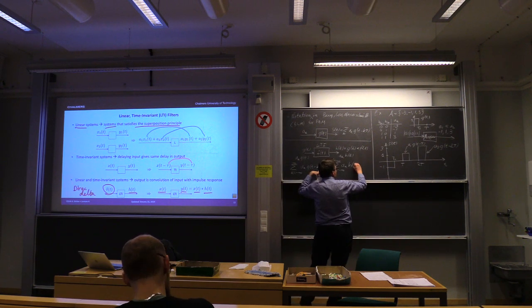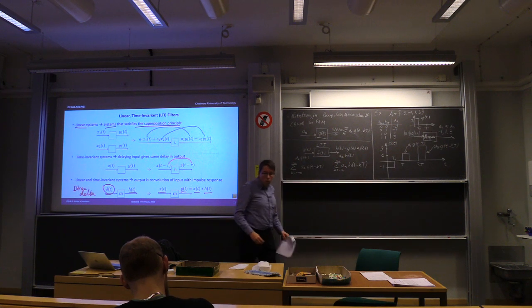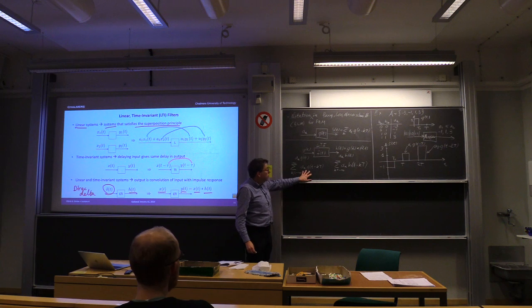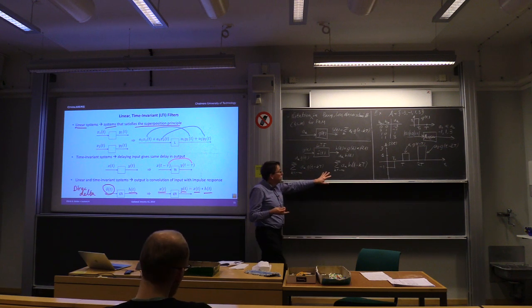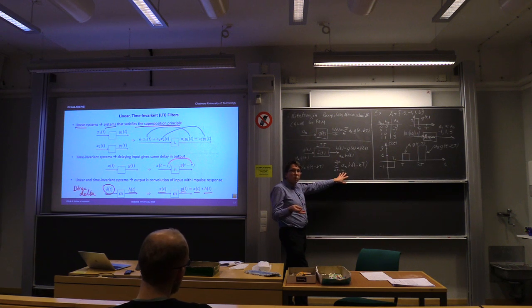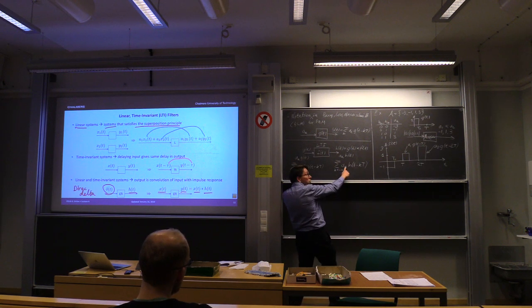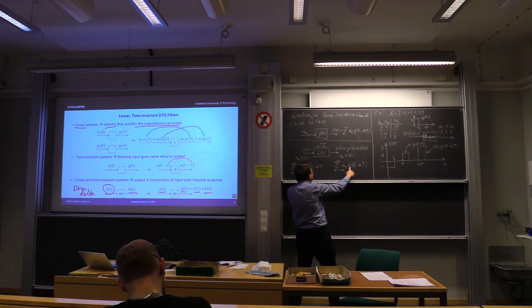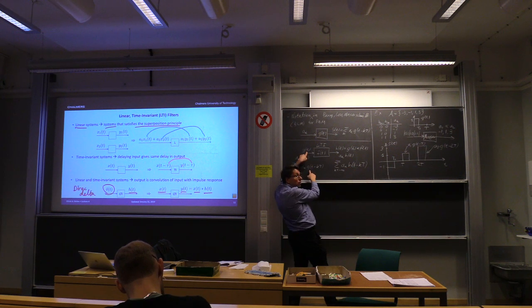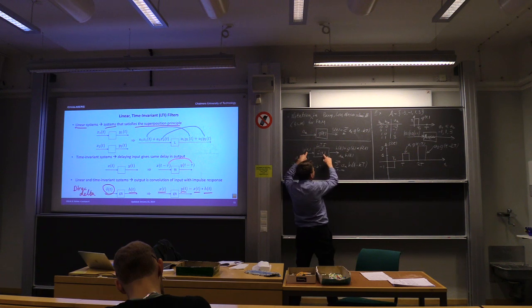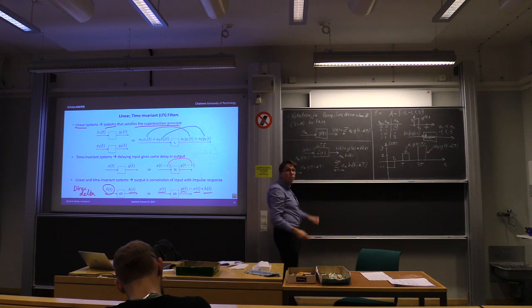So the output is h(t minus kT). Okay, so if the input is pulse amplitude modulation, the output is also pulse amplitude modulation, same amplitudes, different pulse. And the pulse we get at the output is the convolution of the basic pulse in the input process and the impulse response of the filter.